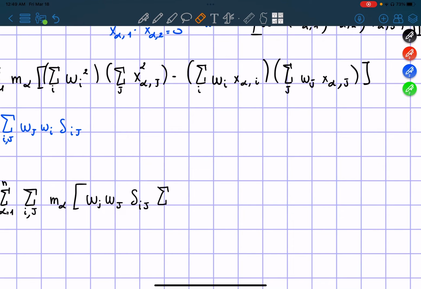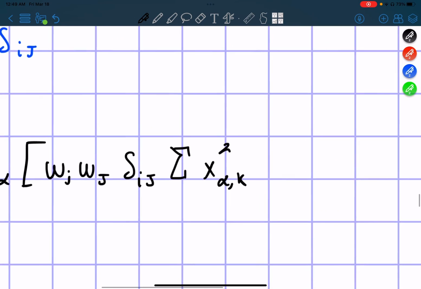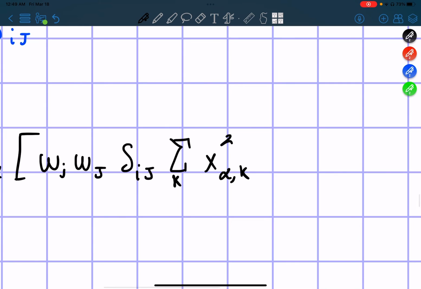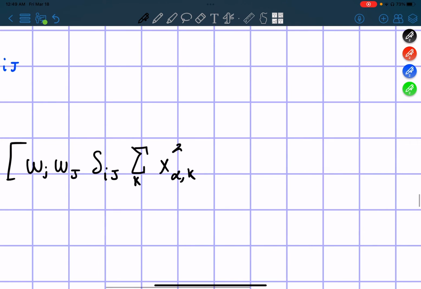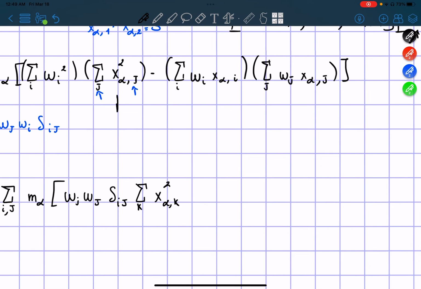So I'll talk about it in a second. So x alpha k squared. In this case, here we didn't use the j, the book uses k, just so we have a different denomination. Doesn't really matter for right now. So with k here, k squared again because this part over here was squared, so we didn't touch that part yet.